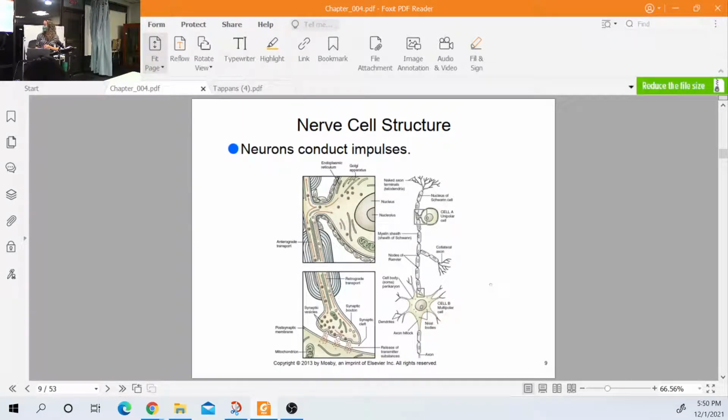Axons are a little bit longer. There are some dendrites here off the end of that neuron right there. And branches of axons can be called collaterals, as this one shows. It's branching off.